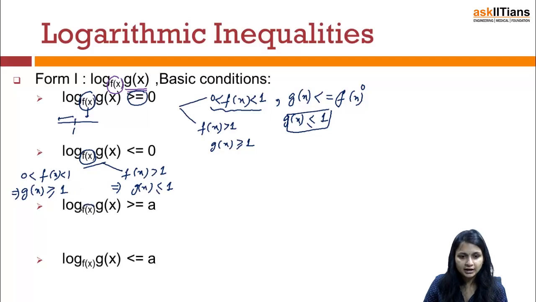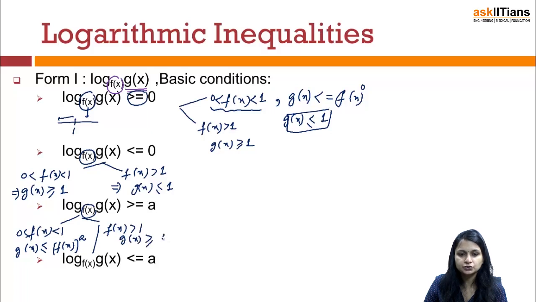And here also I'll take the two cases, when f(x) is between 0 and 1 and f(x) is greater than 1. When f(x) is between 0 and 1, the sign of inequality would reverse, greater than or equal to would become less than or equal to, and here f(x) raised to the power a. And when f(x) is greater than 1, the sign of inequality remains the same, greater than or equal to f(x) raised to the power a.